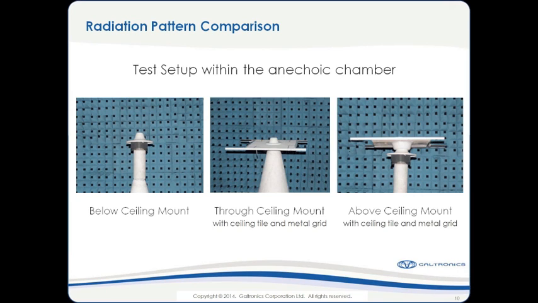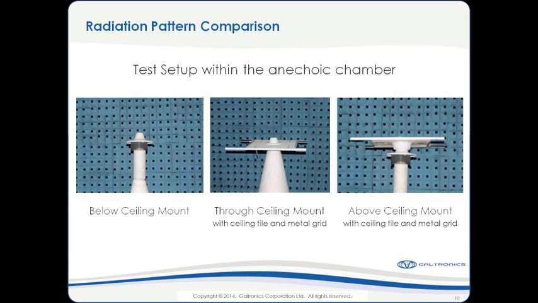And then we've also included that section, the above ceiling mounting kit, and the ceiling tile section and frame as well. Now, keep in mind in these pictures that because we're in an antenna chamber and our coordinate system is inverted from how these antennas would be installed in the field, that's why things may look upside down to you.